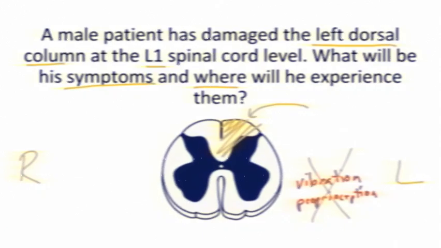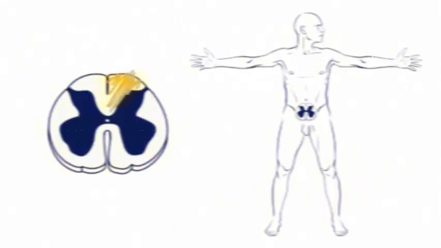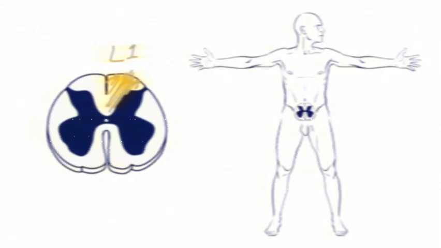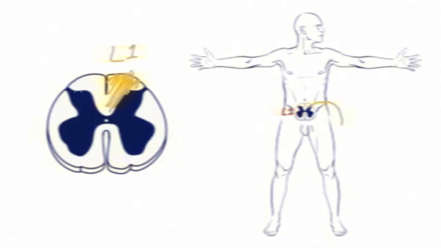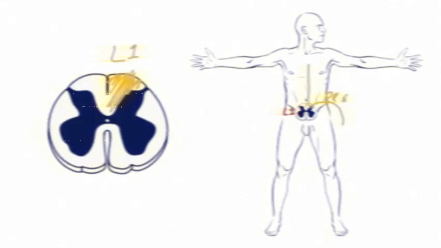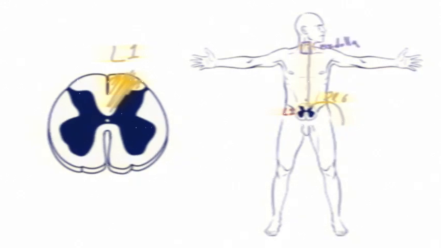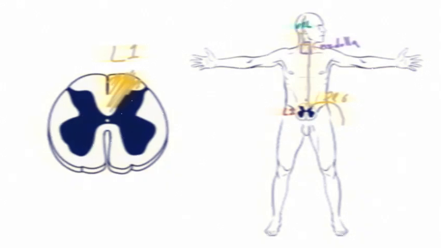So let's quickly review the pathway of the dorsal column by looking at a diagram of a man as well. Again, the man has damaged the left part of the dorsal column at the L1 spinal cord level. Recall, by looking at the L1 spinal cord level on the man, the sensation comes in through the dorsal root ganglion, travels up the dorsal column all the way up until the tract reaches the medulla, and then it synapses, and then there's a decussation that travels up to the VPL of the thalamus, and then to the somatosensory cortex.